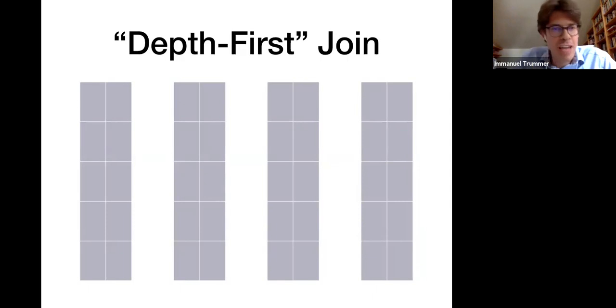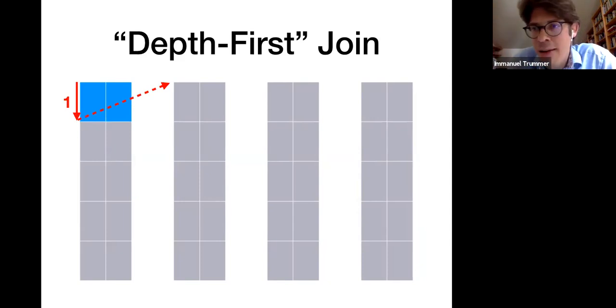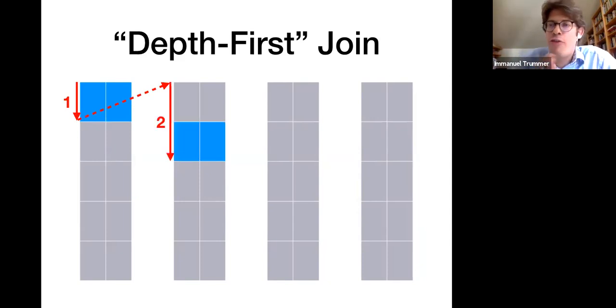Now, when joining those tables, we start looking at the first tuple in the first table in join order. And after that, we immediately proceed to the second table in join order, and we look for the first matching tuple, meaning the first tuple that satisfies all applicable join conditions for the currently selected tuple in the first table in join order.